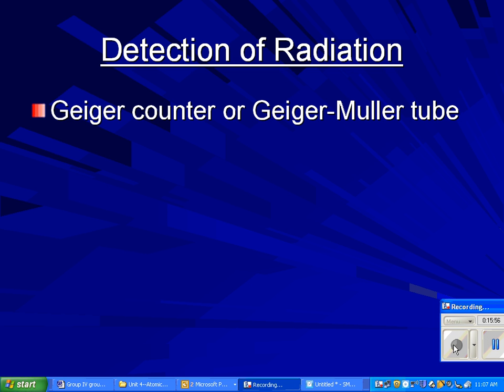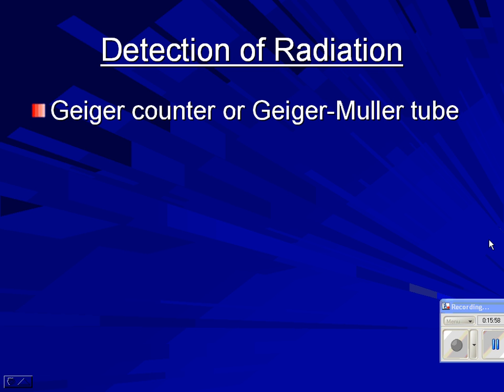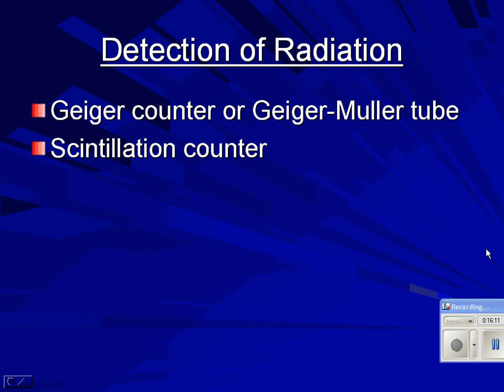Okay, second type of detector is a scintillation counter. Ooh, scintillating. A scintillation counter is pretty darn neat. What does that scintillation or scintillating mean?